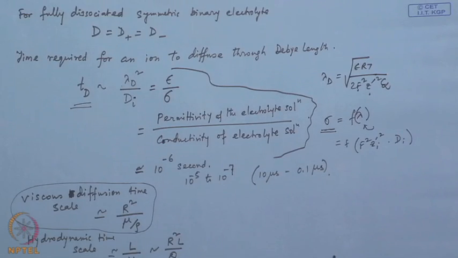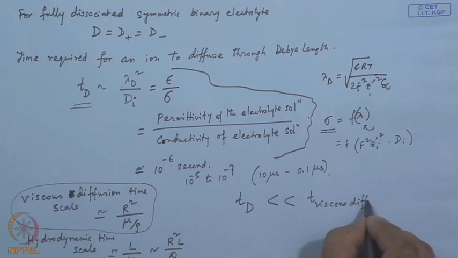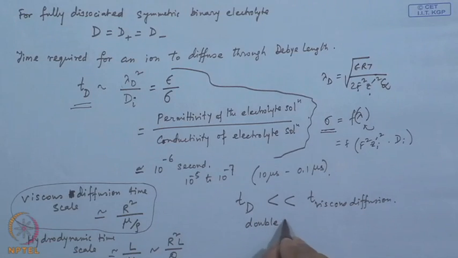If I try to articulate this further, if this Td is much less than this viscous diffusion time scale, what you can conclude from here is that the double layer exists in equilibrium.